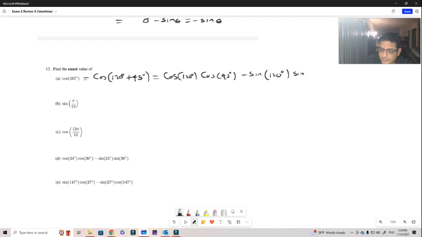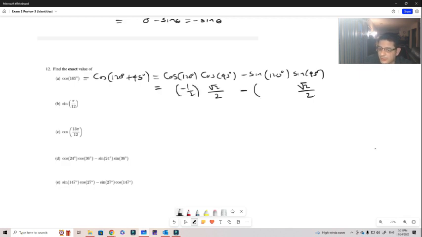Now, sine of 45 is one of the main known angles that we have. This is a square root of 2 over 2. And it's the same for sine and cosine. So this is always a square root of 2 over 2. And also, the cosine of 120 is going to be -1/2.